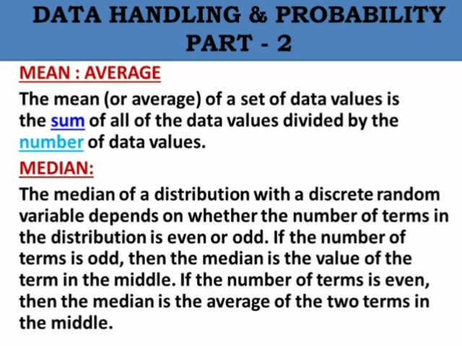Suppose the given data set has odd number of values, then the middle term will be the median of the set. Suppose we are given even number of data values, then we need to use a formula. The formula will be discussed in the upcoming slides.